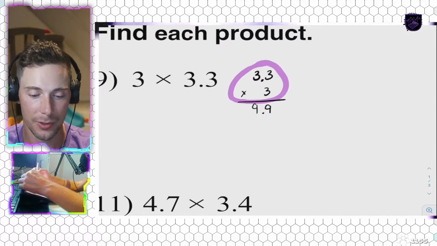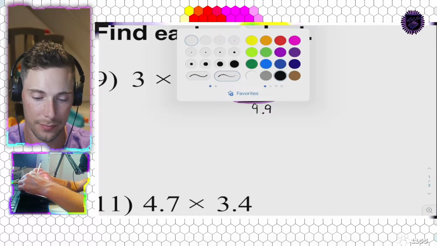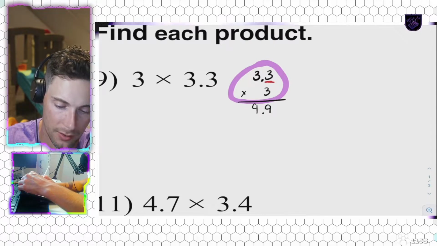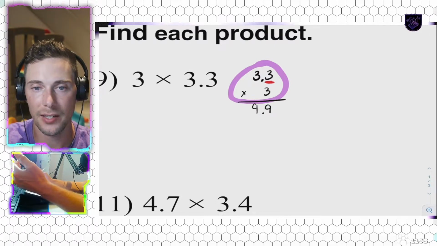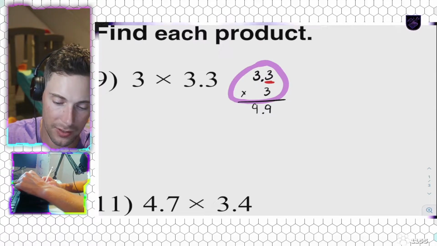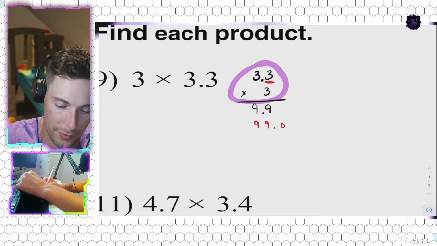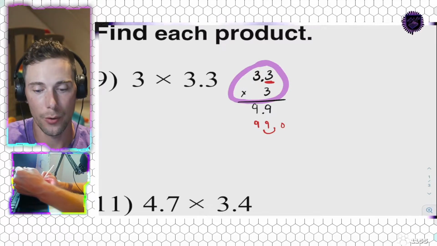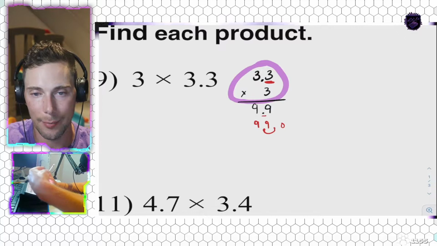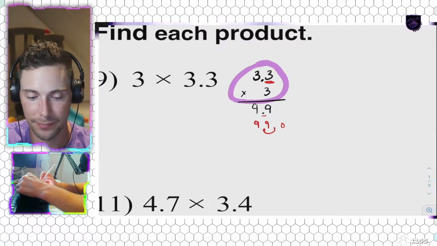So in this particular example, there's one number that falls behind that decimal point. So instead of having the number as 99.0, we move that decimal point 1 over, like we've done here, and make it 9.9.